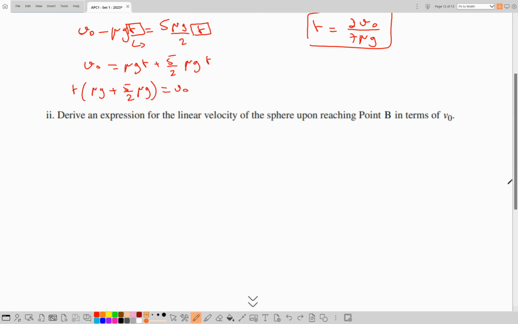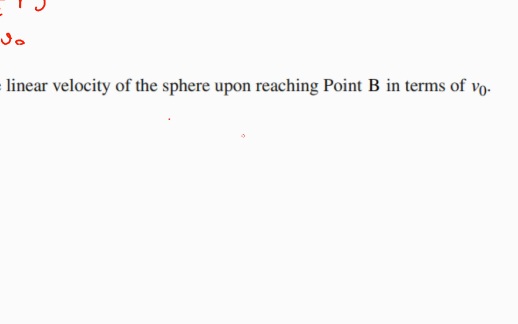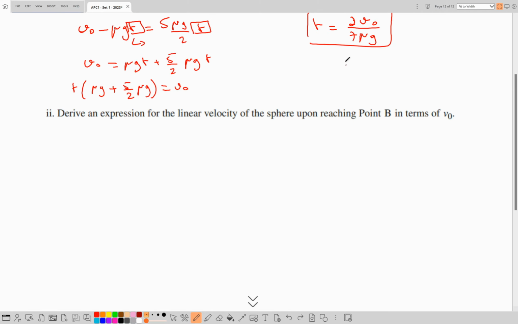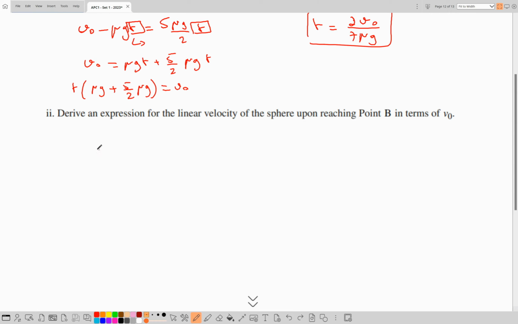Now in the last part, idea number 2, derive an expression for the linear velocity of the sphere upon reaching point B in terms of v0. This is straightforward. The linear velocity v from points A to B is expressed as v0 minus mu g t. So it's left just to replace t by the expression that we obtained, and it will be expressed in terms of v0.